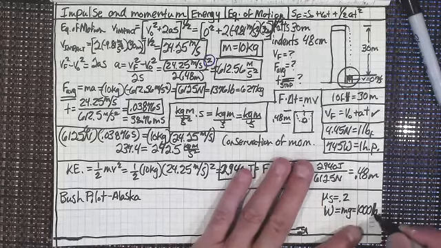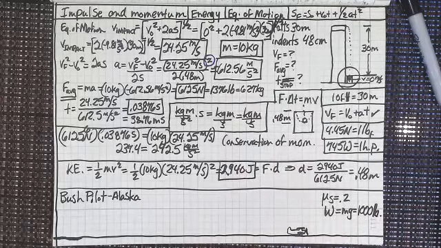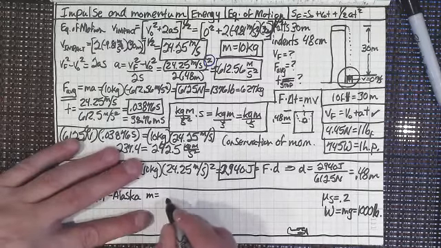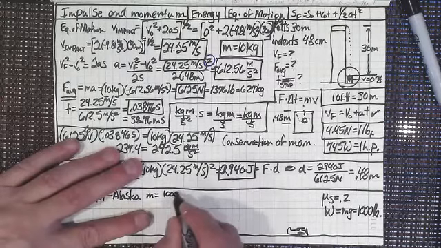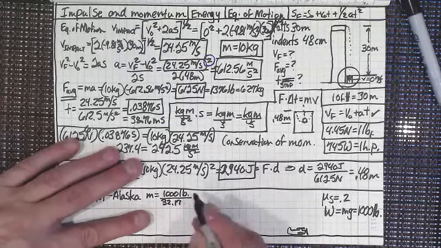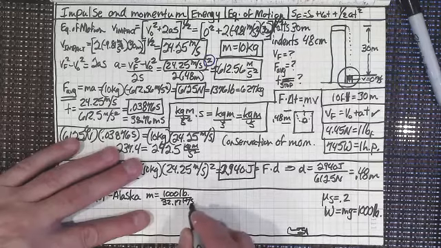I'll do this one in British gravitational units. So we know that the weight is 1,000 pounds. We can easily find out what the mass is, because that would just be 1,000 pounds divided by 32.17 feet per second squared, right?